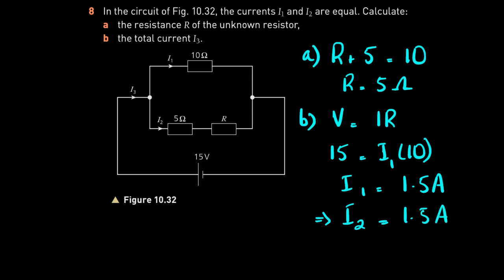And if we apply KCL, Kirchhoff's current law here, the current flowing in is I3, current flowing out is I1 and I2. So I3 would be I1 plus I2. And you can also think of it as twice of either I1 or I2. Anyway, the math works out in a way that it gives you I3 as 3.0 or 3 amperes.